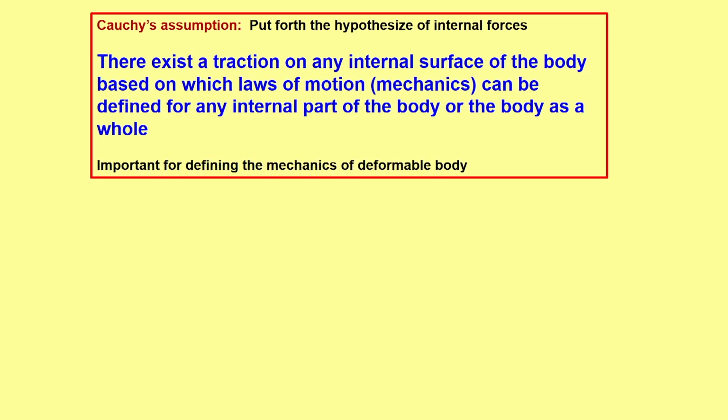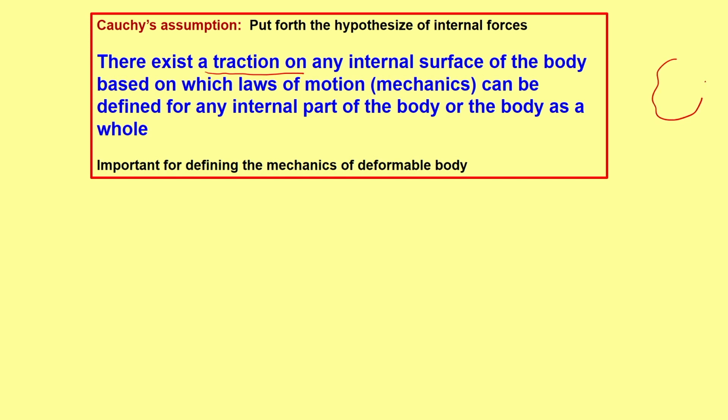To be very specific, what is the assumption stating? There exists, and this is very important, an attraction on any internal surface of the body, based on which laws of motion, or rather mechanics, can be defined for any internal part of the body or the body as a whole.